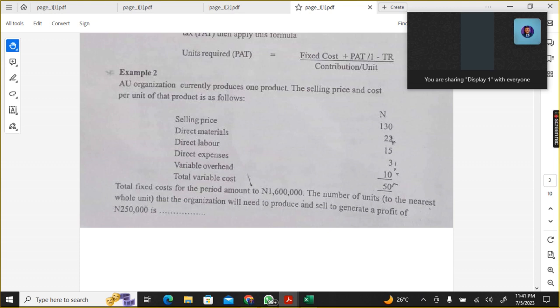What we need to do now is calculate our contribution first.